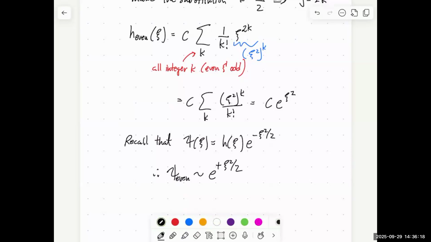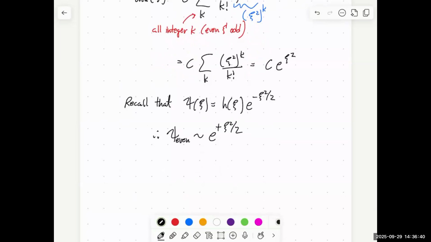And that's not good, because it would still mean that for large z, this would diverge, and it's not going to be normalizable. We need our wave functions to go to 0 at plus minus infinity for the position x.